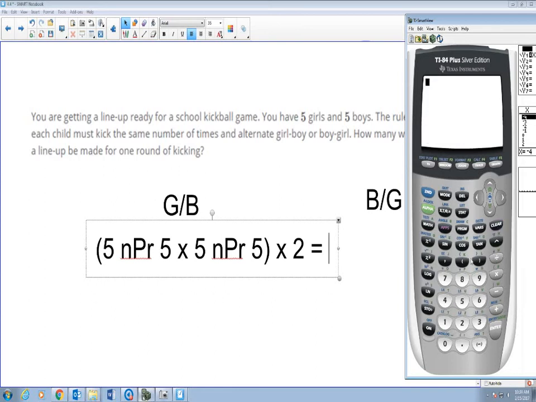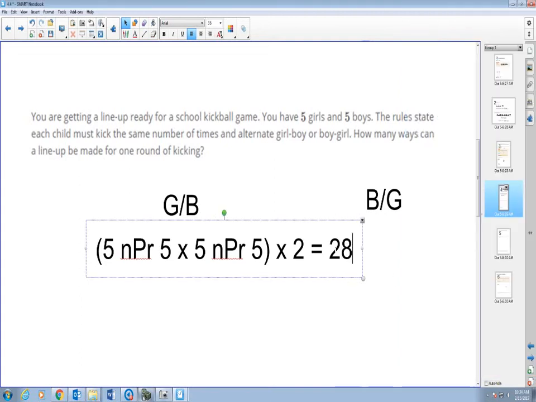So 5 choosing 5 using permutation, because which girl kicks first matters and which boy kicks first matters. That's why it's permutation. Times 5 choosing 5, close parenthesis, and then times 2. So I get 28,800 different lineups I can choose from.